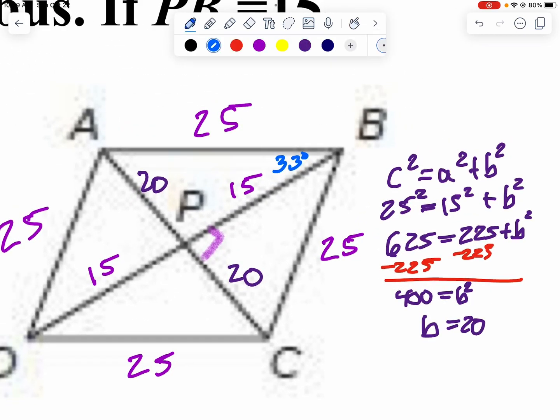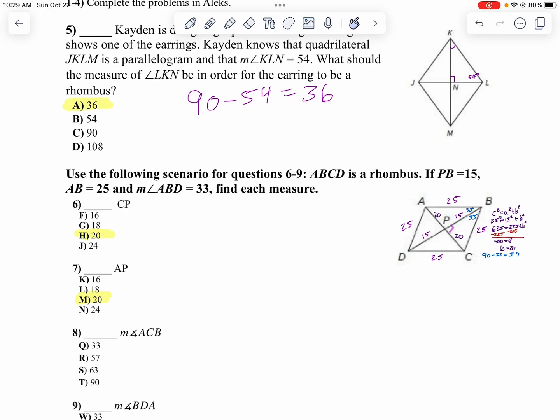So I know this angle is 33 degrees. It's not isosceles because it's not a square. But then to find the measure of angle ACB, I'm going to take 90 minus 33. 10 minus 3 is 7. 8 minus 3 is 5. So we'll get 57 degrees there.